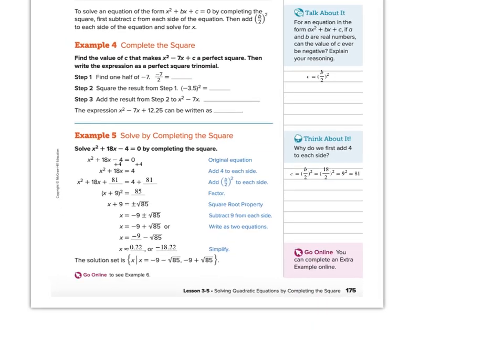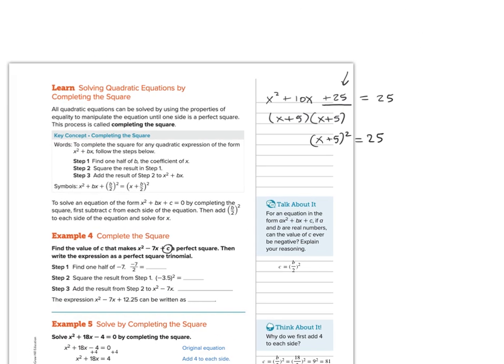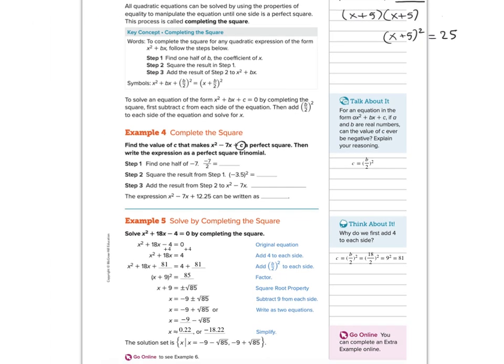So here, solving by completing the square, and I'll just say that this is the whole process they're talking about right there, is finding that value of C. I just gave us an easier number to deal with. They gave us a fraction to deal with. But again, half of the B value is -7. -7 over 2 would be -3.5. Then they turn around and square it.